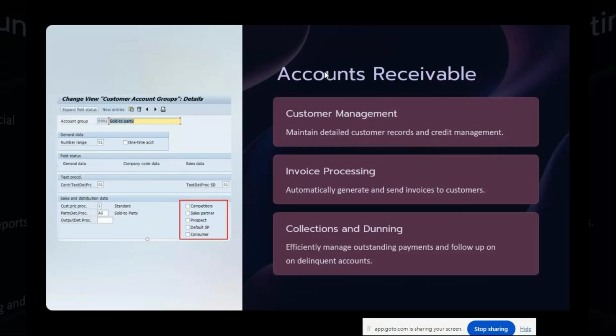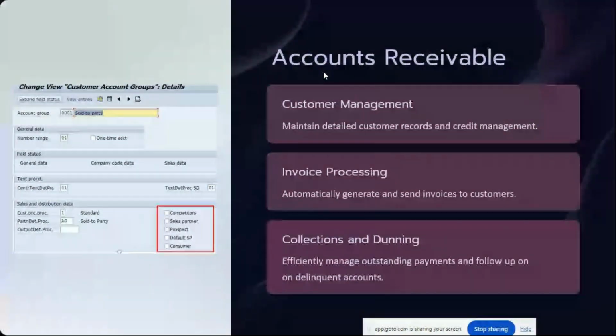So accounts receivable, what is that? Customer management: maintain detailed customer records and credit management. In these sections we are creating customers, and we are creating invoices for them and customer payments. See, actually, customer means we are receiving money, but in this software SAP FI, we call customer payments incoming payments.